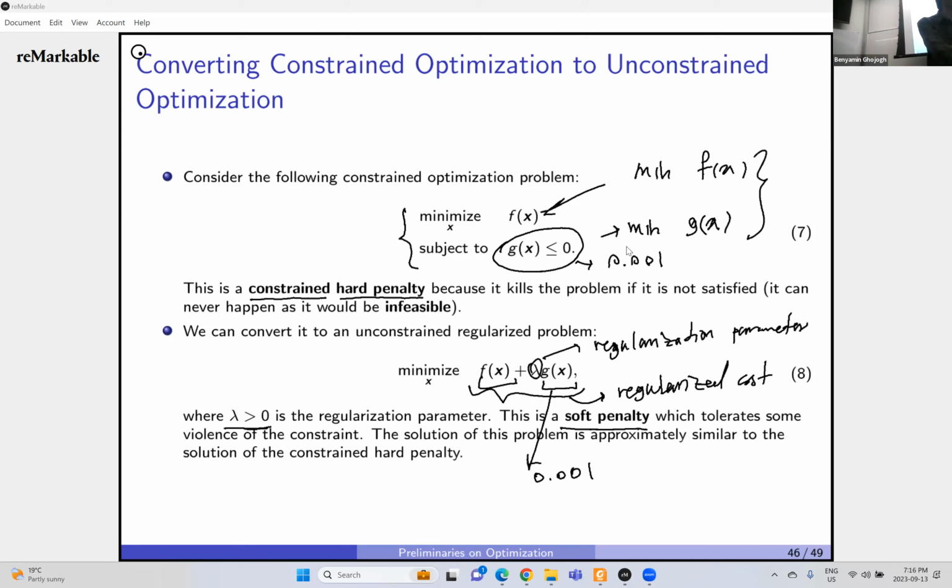So I say, I want to become a great scientist. Otherwise, if I don't become a great scientist, I will kill myself. Assume this is a hard penalty. Then another case, I want to become a great scientist. If I can't become a great scientist, I will not buy myself a pizza. This is hard penalty versus soft penalty. Did you get it? In both cases, I'm penalizing myself.